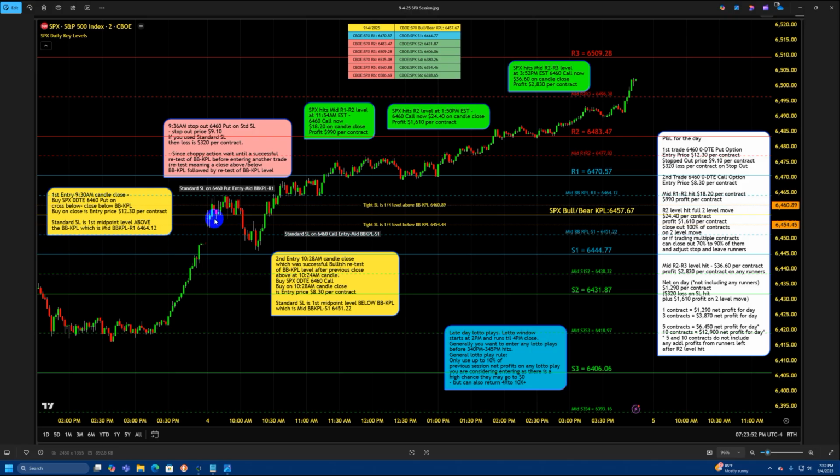So in this case, the put option that you would be using is the closest strike to the BBKPL of 64.57.67. That could be either the 64.55 put or the 64.60 put. The way I like to do things, if the price is above the mid, so in this case, the midpoint between 64.55 and 64.60 would be 64.57.50.